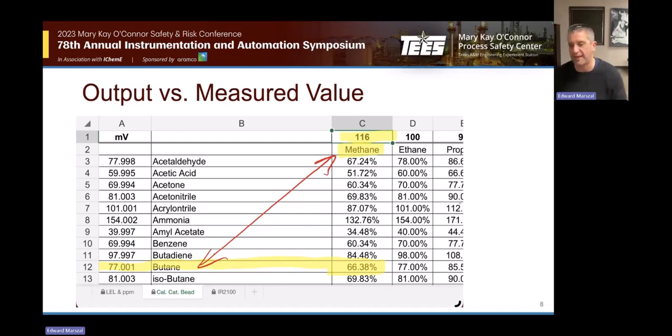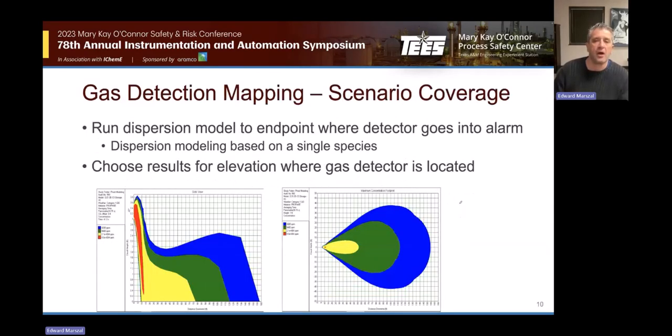They will run the calculations for you. They will explain everything that I just explained, maybe not in as much academic detail, but the gist of it, to help you come up with what is the right calibration gas and what values you should be setting it for. Okay, so now how does all of this affect gas detection mapping?